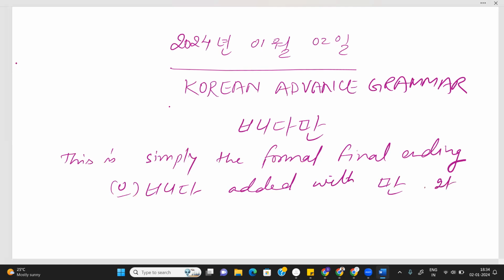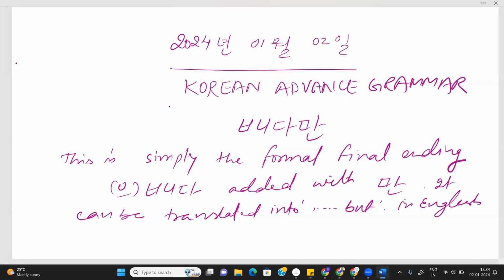It can be translated into but in English. Korean Advanced Grammar, ㅂ니다만. This is simply the formal final ending, ㅂ니다, added with man. It can be translated into but in English.